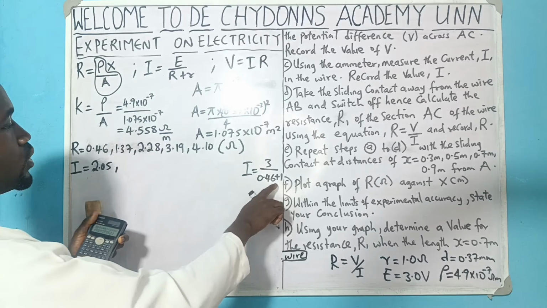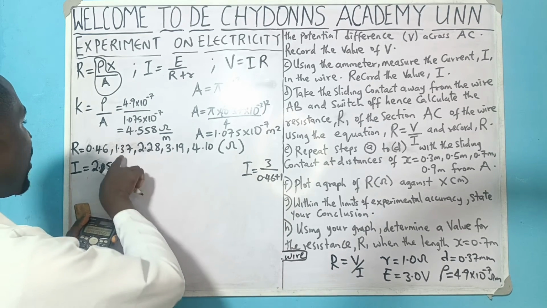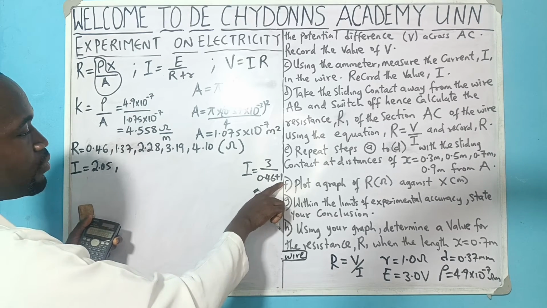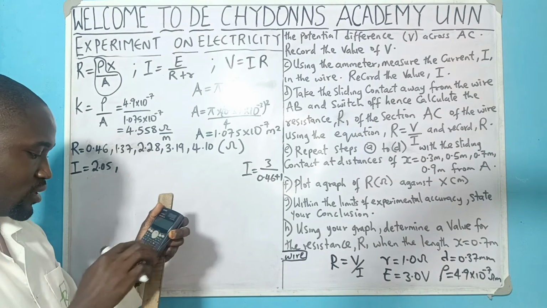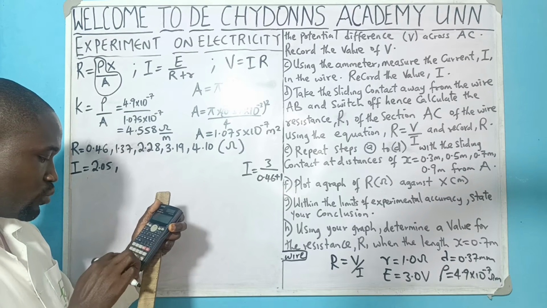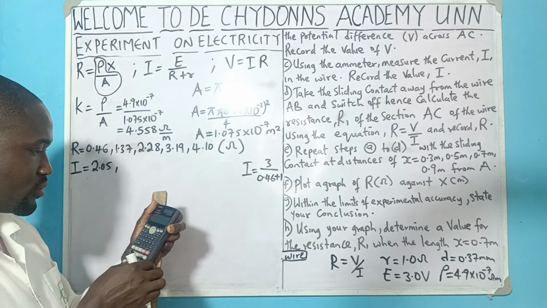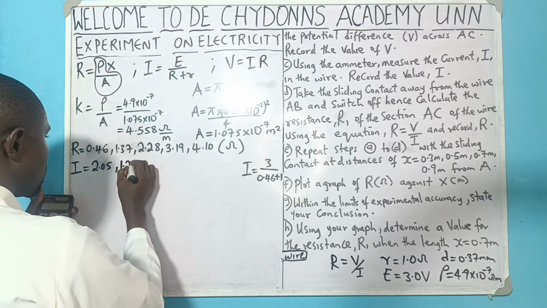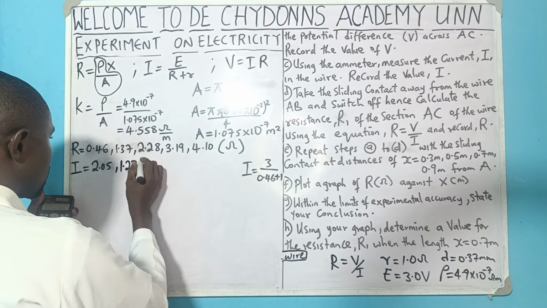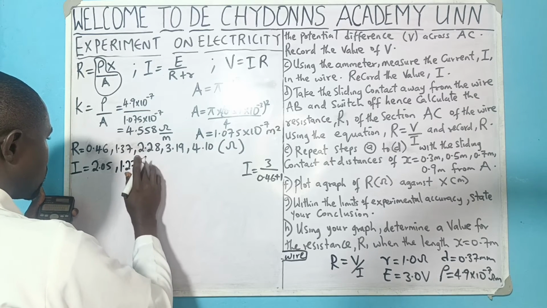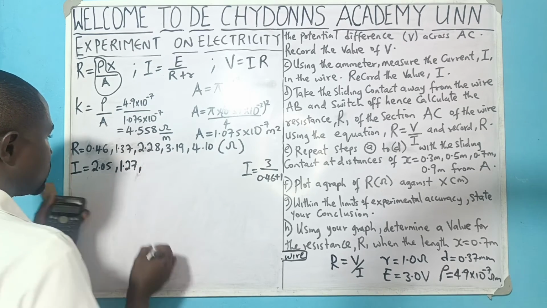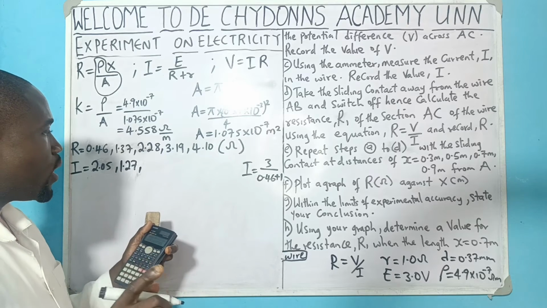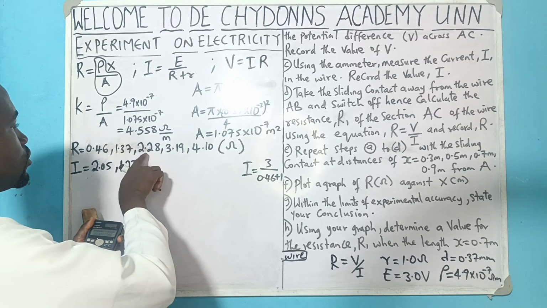Then we change here to 1.37. 1.37 plus 1 is 2.37. 3 divided by 2.37, we'll be having 1.27.